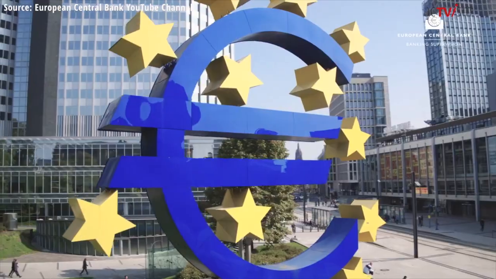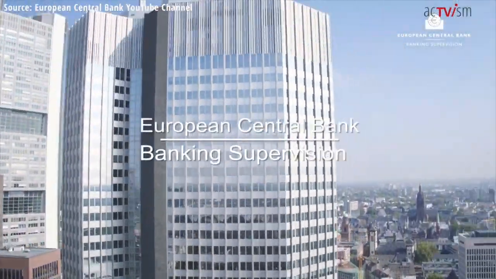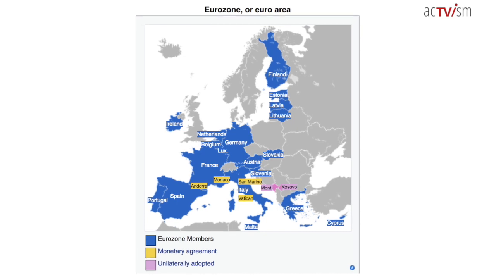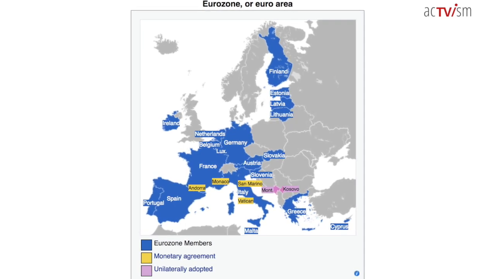The reason is that in the design and setup of the euro, what was done under the Maastricht Treaty is that all of these countries that joined the currency union gave up their sovereign currencies and adopted a currency that they cannot issue.